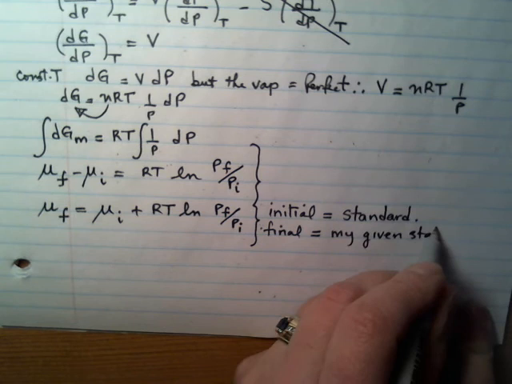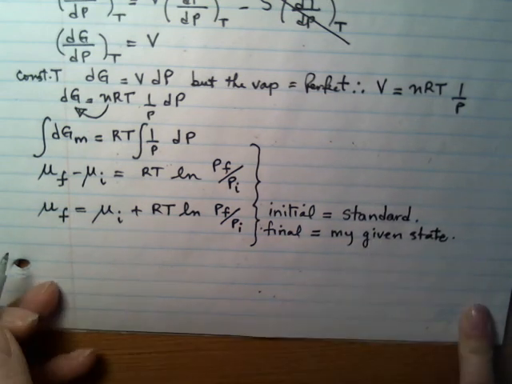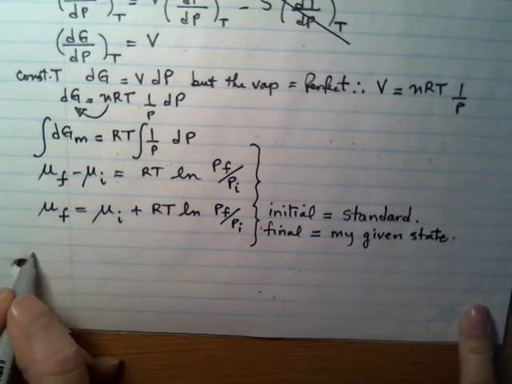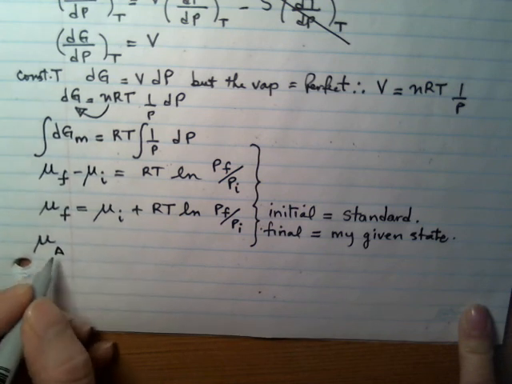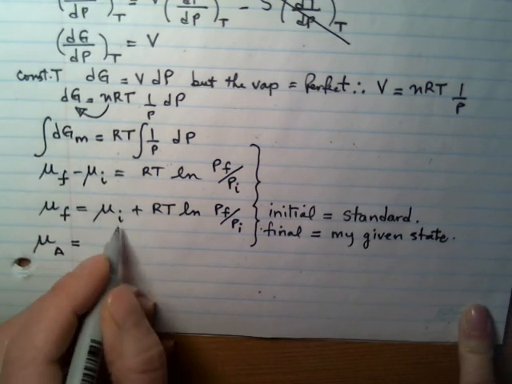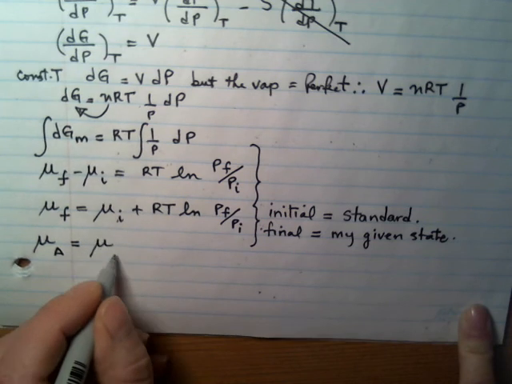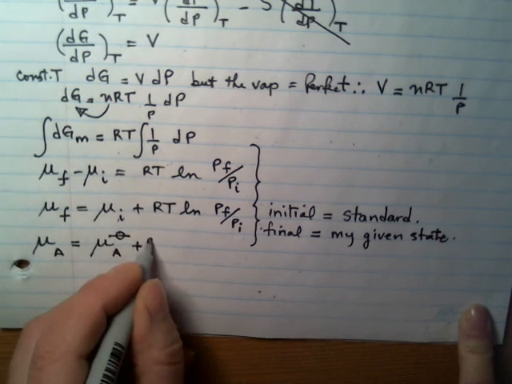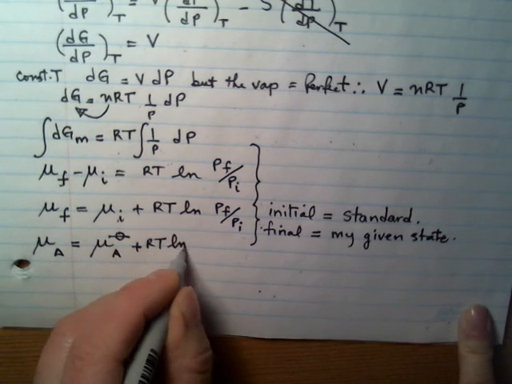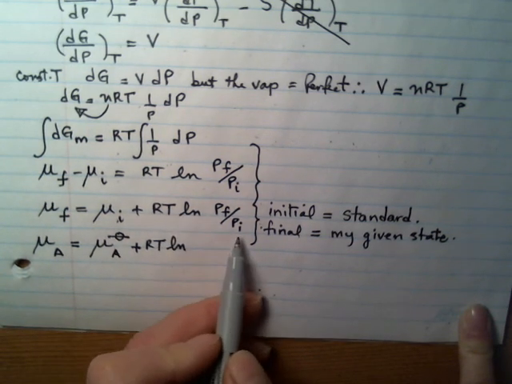Okay, so this tells me that the chemical potential of any substance, and let's talk about A, is equal to, my initial was standard, plus RT ln of, now what is the standard pressure? I can hear you answering.